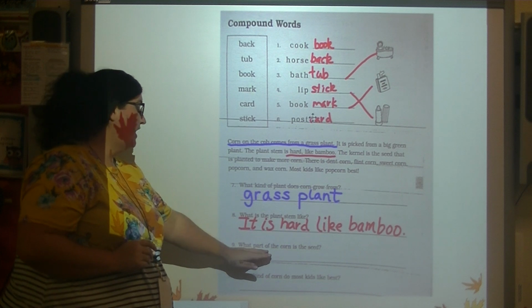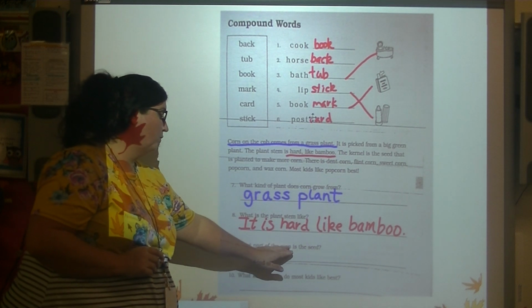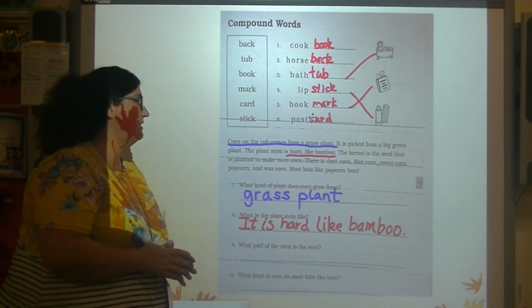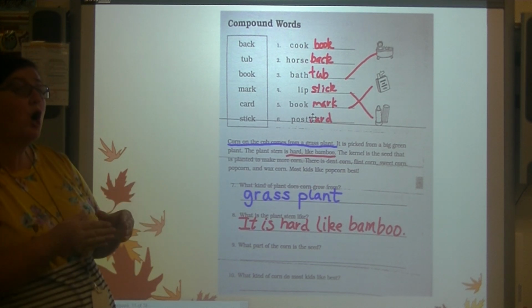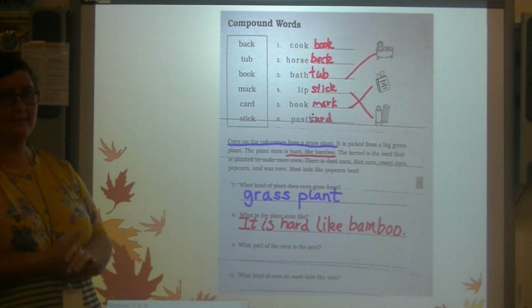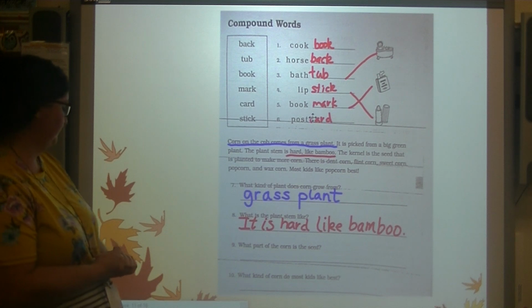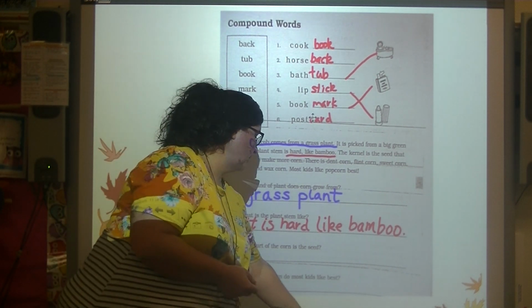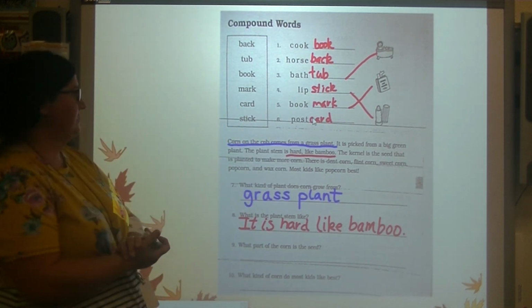Number 9. What part of the corn is the seed? So look at your paper. What does it tell us?